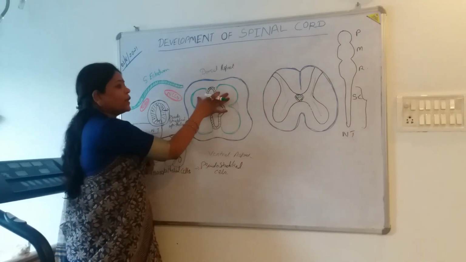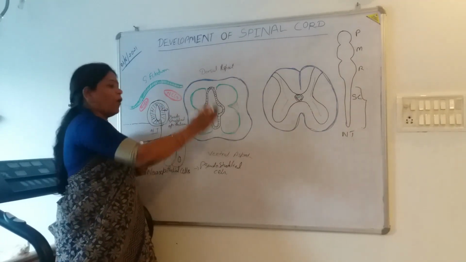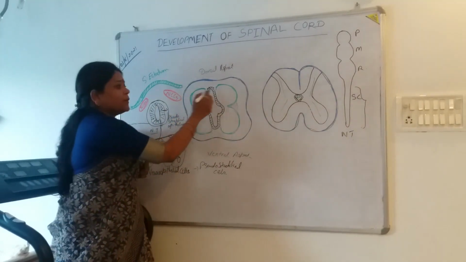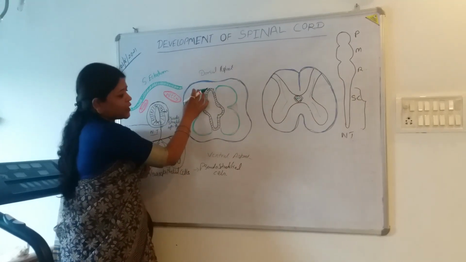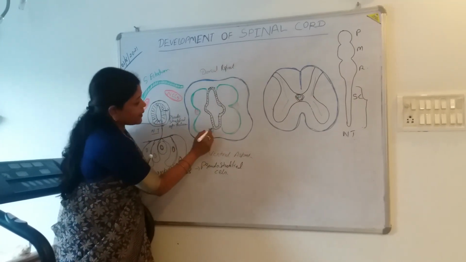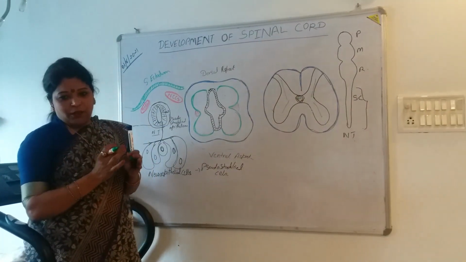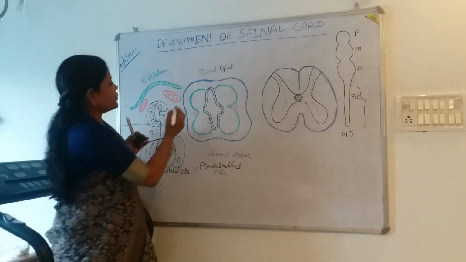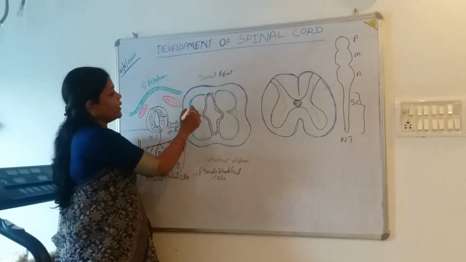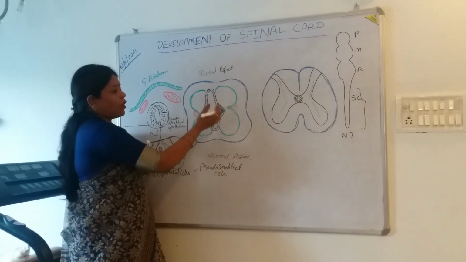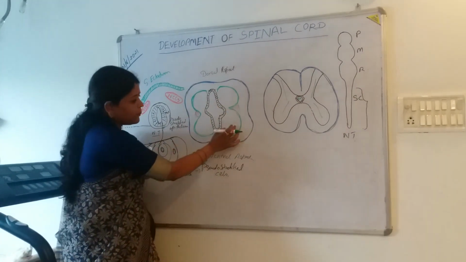On the dorsal aspect, due to the profuse addition of cells in this mantle layer, there are lateral swellings on the dorsal as well as the ventral aspect, and they form two structures, later forming the lamina, a plate formed by the divisions of the neuroepithelial cells collected here in the mantle layer.